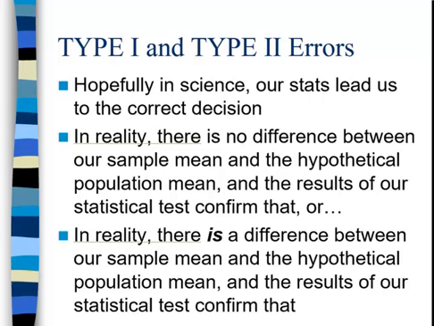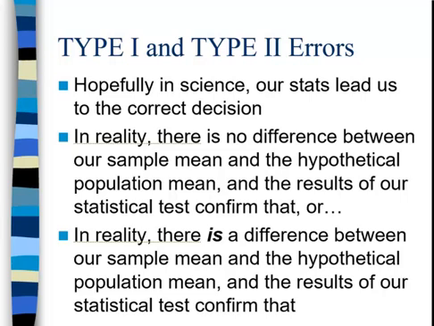Hopefully this is an idea that's not too difficult to wrap your head around, but it's an important idea, and it has to do with alpha, and with sample size, and all these little ingredients that go into making a good experiment. We always hope in science that our statistical tests are going to lead us to making the correct decision. So let's say in reality, there's no difference between our sample mean and the hypothetical population mean, and we run a statistical test, and our results confirm that.